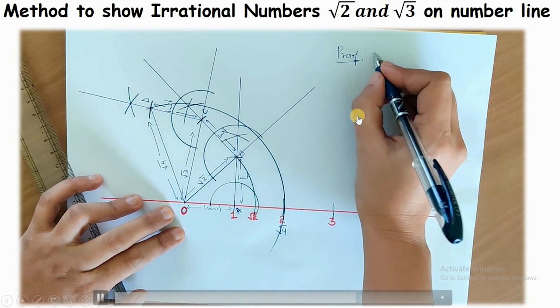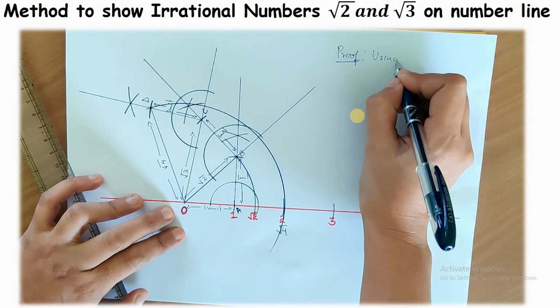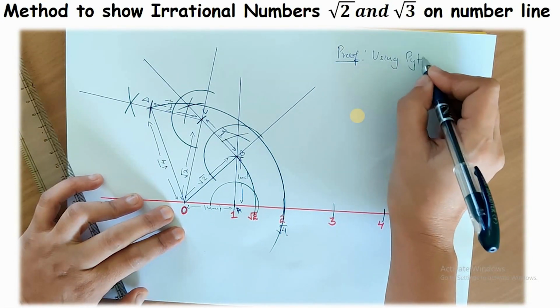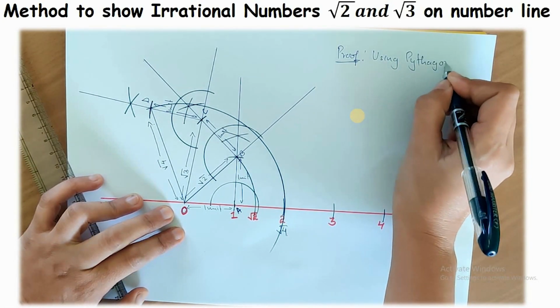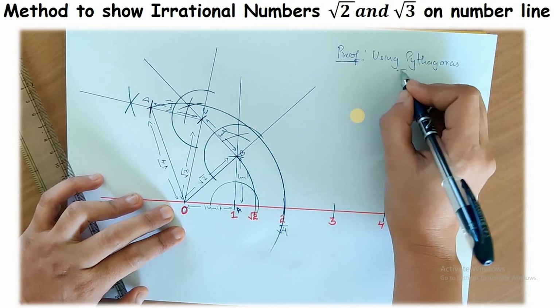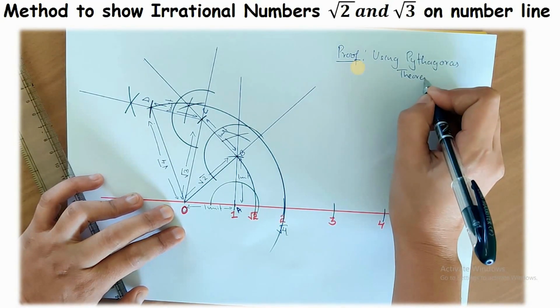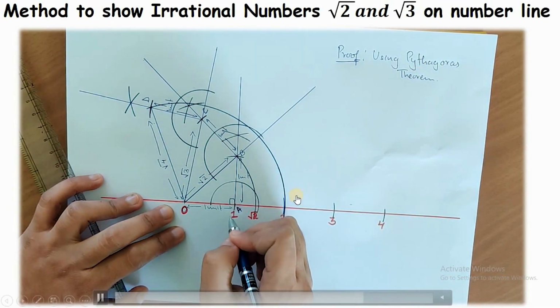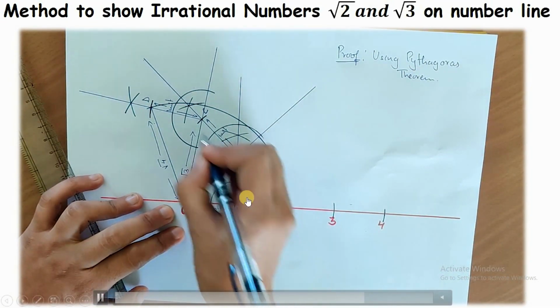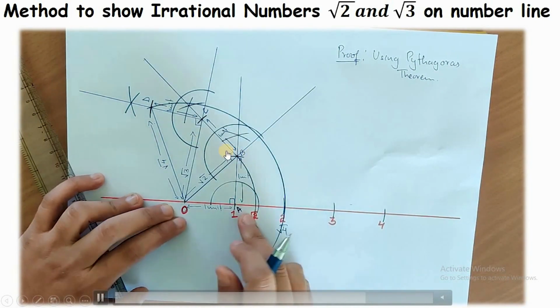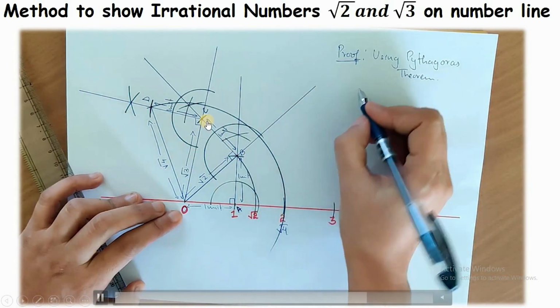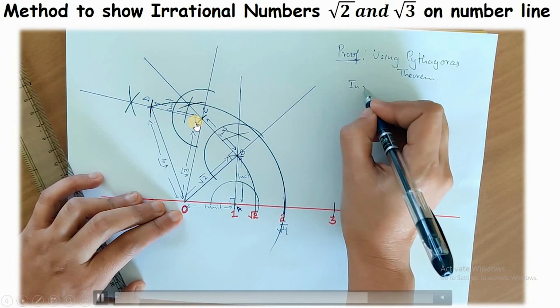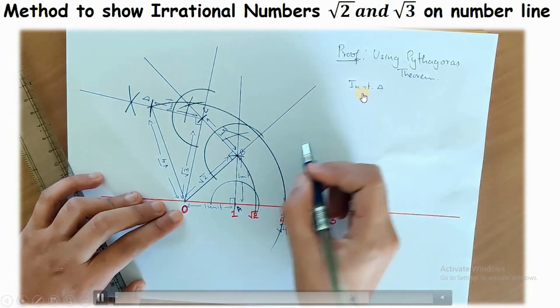To use the Pythagorean theorem, we need to have a right triangle. So here angle OAB is 90 degrees, similarly OBC is 90 degrees and OCD is also 90 degrees. So each triangle is a right triangle.